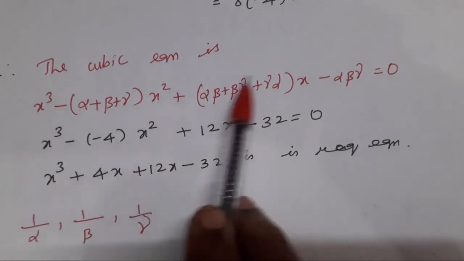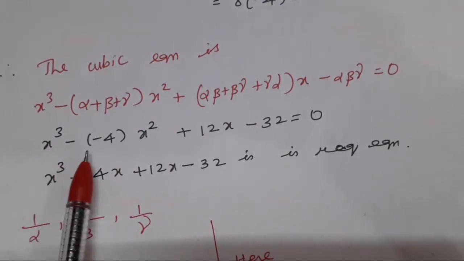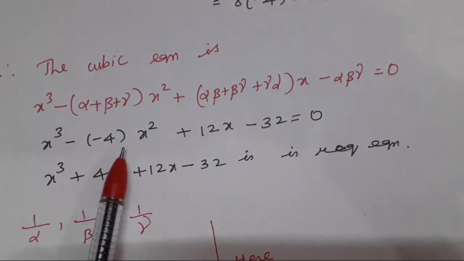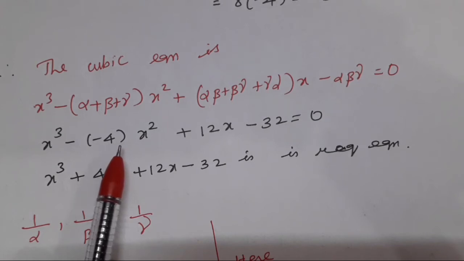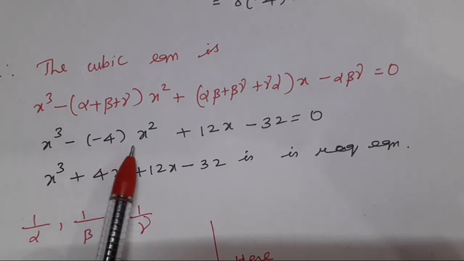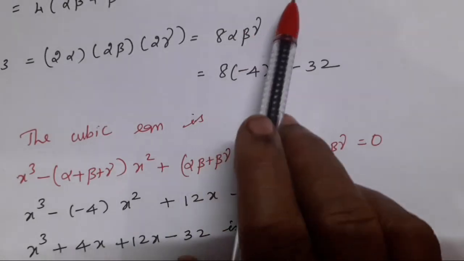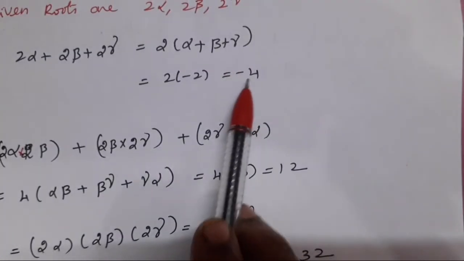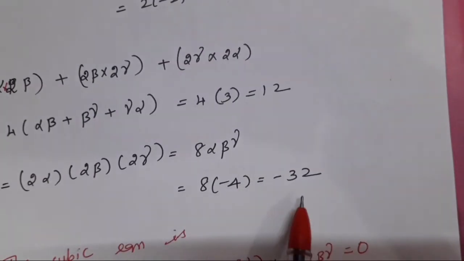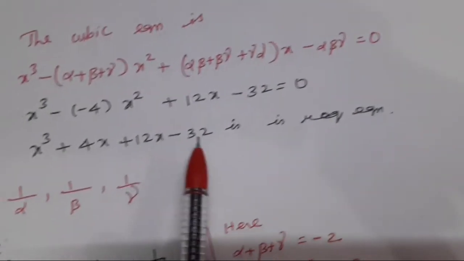Now substitute the values. X cube minus alpha plus beta plus gamma is minus 4, that is the summation of 1. Then alpha beta plus beta gamma plus gamma alpha is what we found. First value is minus 4. Second value is 12. Third value is minus 32. Substitute the values here only.